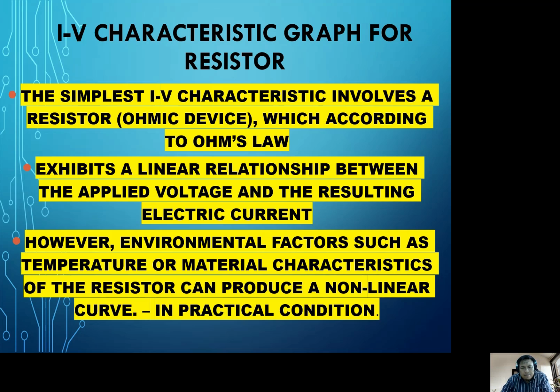However, environmental factors such as temperature or material characteristics of the resistor can produce a non-linear curve in practical conditions. So that means if the temperature is very hot, maybe you cannot get the linear graph.